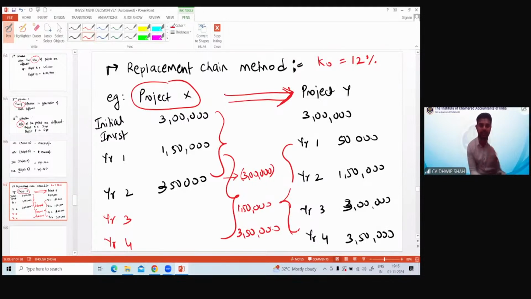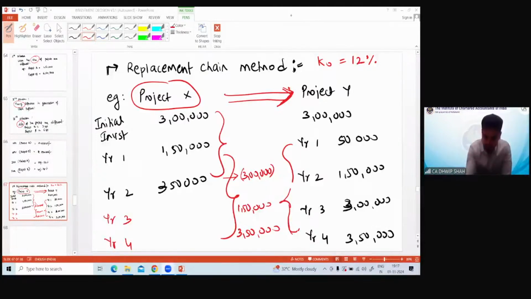You replace the entire project again. Are you understanding the concept? What is this method trying to say? You replace the entire project again, to bring the life at parity and make the projects comparable. Is everyone understanding?